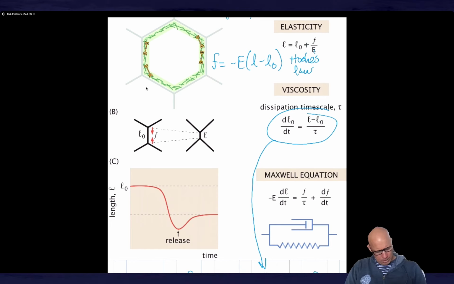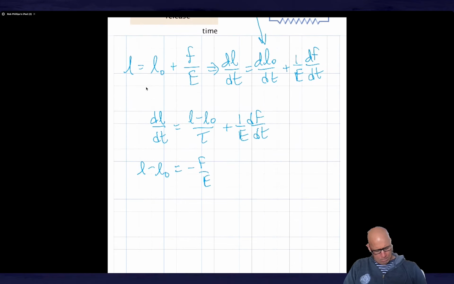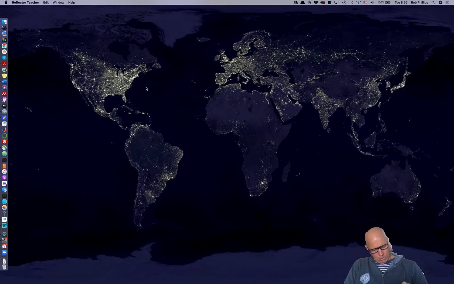I'm curious about this minus sign up at the top. Does that make sense? If L is greater than L0, well, okay. I'm a little bit confused on this issue of the sign here, but the equation of motion that emerges from this, I'll probably have to do some repair work.